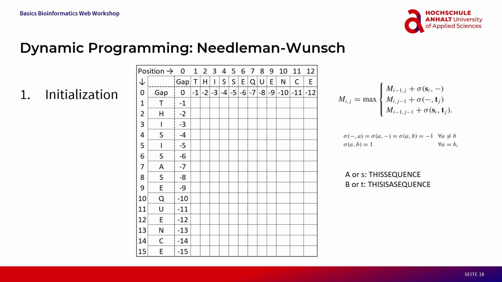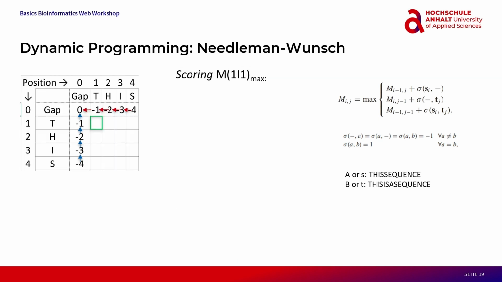To understand this better, I will now show you how the scores are calculated using the first four residues. The maximum value for position M11 can result from three possible origins: a vertical move resulting from the top value, a horizontal move resulting from the left value, or a diagonal move resulting from the origin.